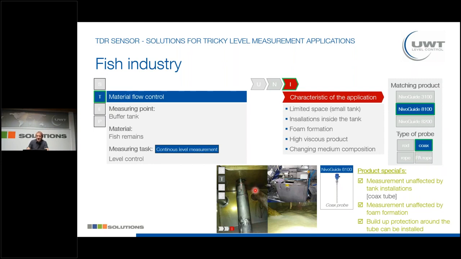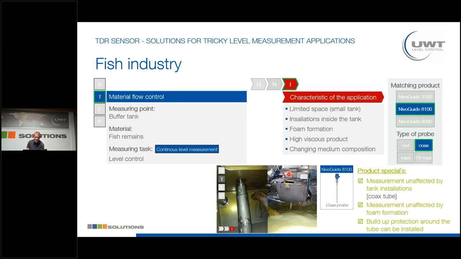And the customer also installed a tube around the coax probe, and this does not have any influence on the measurement, but protects bigger fish remains from getting stuck inside this coax probe, and this worked perfectly. Also, you can see here there was also very much foam that formed, but the Neo guide worked perfectly, and the customer was very satisfied with the solution here.